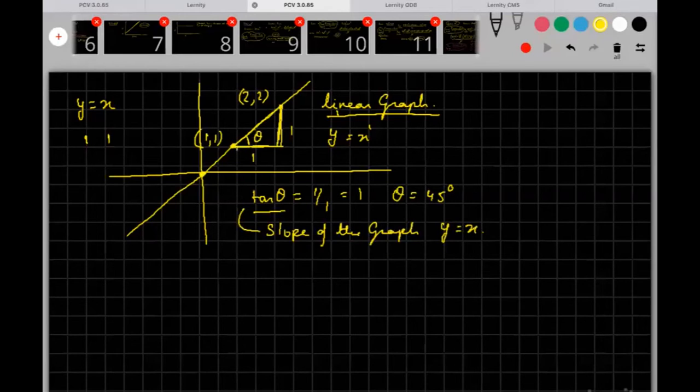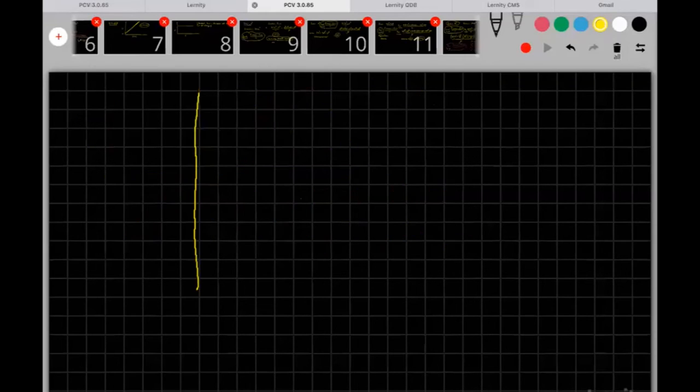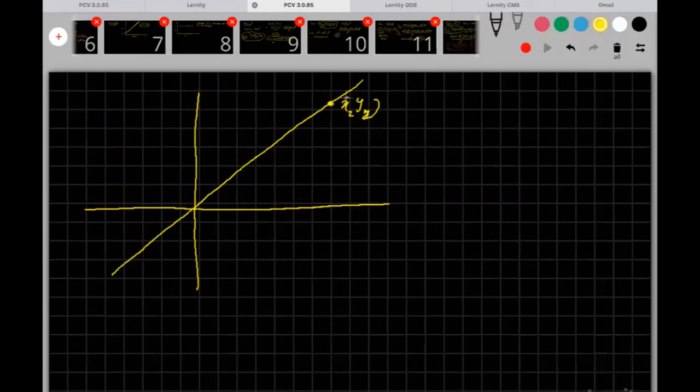Okay, we are learning quite a bit of stuff. I'll explain slope to you again. That is another part of maths, but we have to learn that. Suppose this point here is x2, y2. Suppose this point here is x1, y1. If I draw a horizontal, do you understand that this distance here is x2 minus x1?